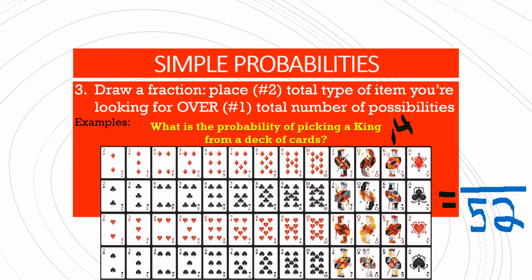In that entire deck of cards, you have 4 kings. So we're going to put that 4 on the top of the fraction. So if you want to pick a king from a deck of cards, there's a 4 out of 52 chance that you are going to pick a king. If you just closed your eyes and randomly chose a card out of the deck, there's a 4 out of 52 chance that you will get a king.